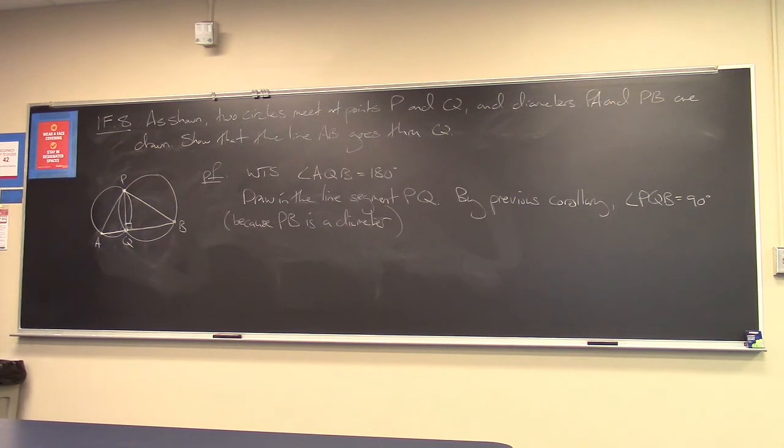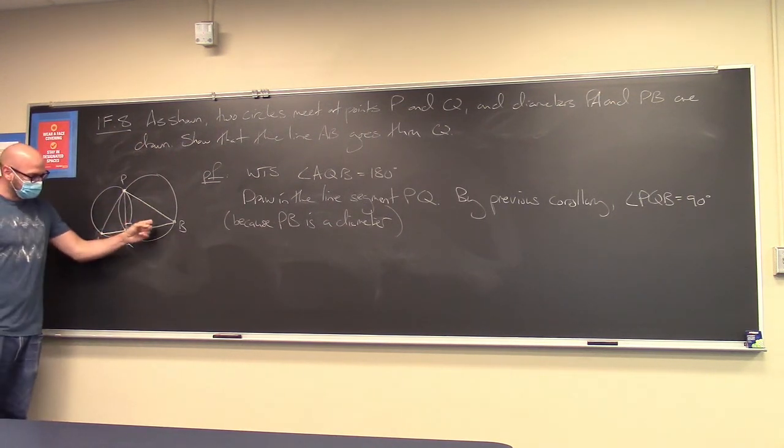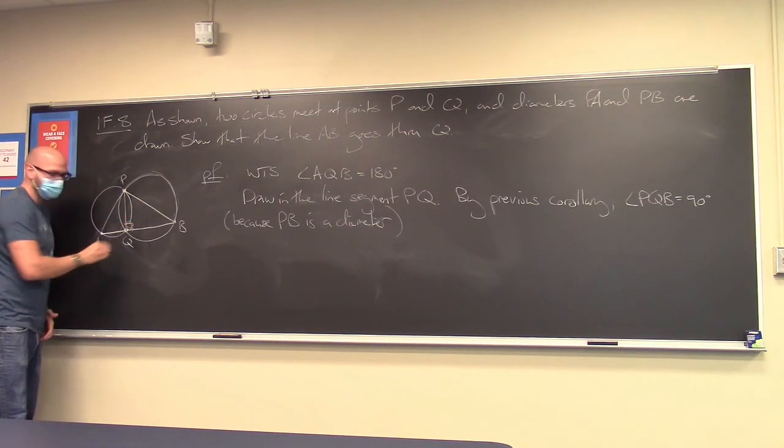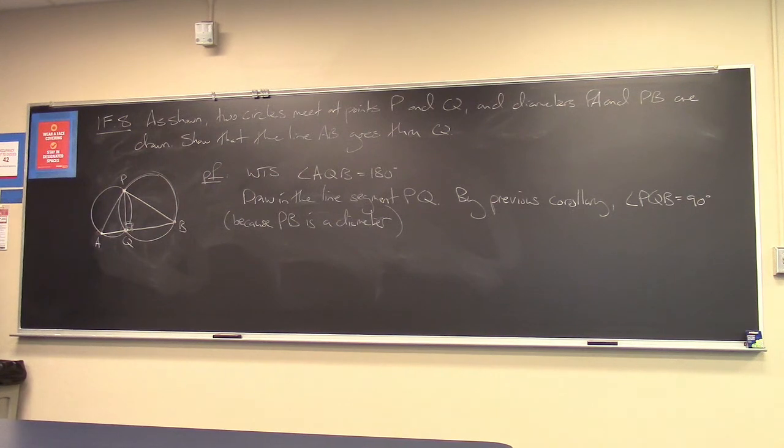Full disclosure, I don't typically tend to think in terms of that corollary. It's an obvious enough generalization for me that, hey, this is 180 degrees, so this must be 90. It's just half of that. But we can invoke the corollary.